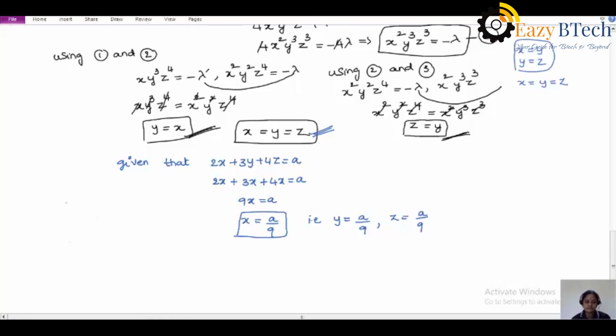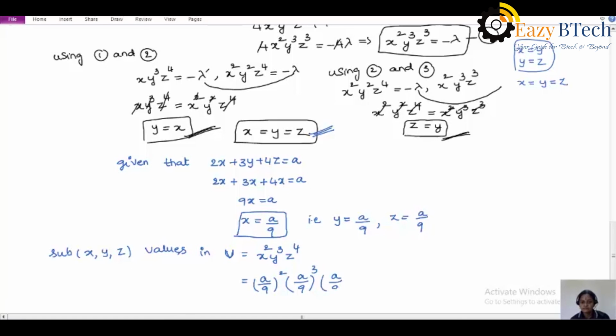Now substituting x, y, z values in u. The u function is x²y³z⁴. So x means (a/9)², y means (a/9)³, and z means (a/9)⁴.